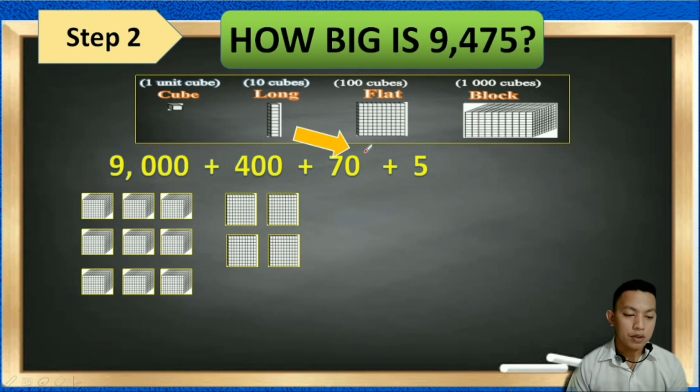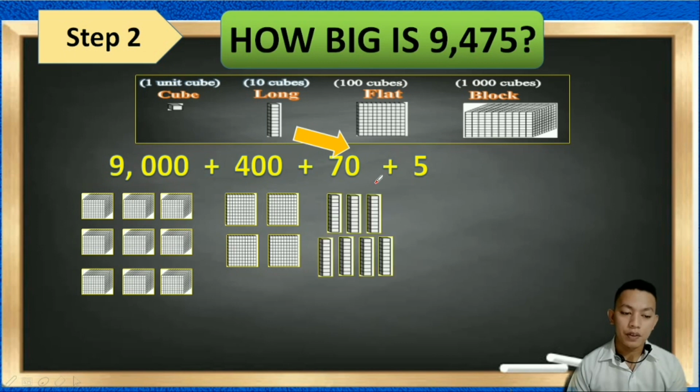How about 70? How many longs are there in 70? We have 7 because the equivalent value of a long is 10. So we have 10, 20, 30, 40, 50, 60, 70. Next, how about 5? How many cubes are there in 5?